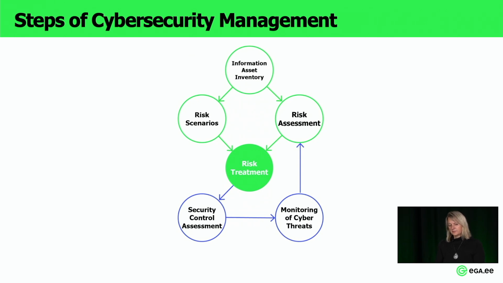Then the Tonga Cybersecurity Manual helps you to create risk scenarios. We have published there a bunch of risk scenarios which you may use to analyze the situation in your organization.